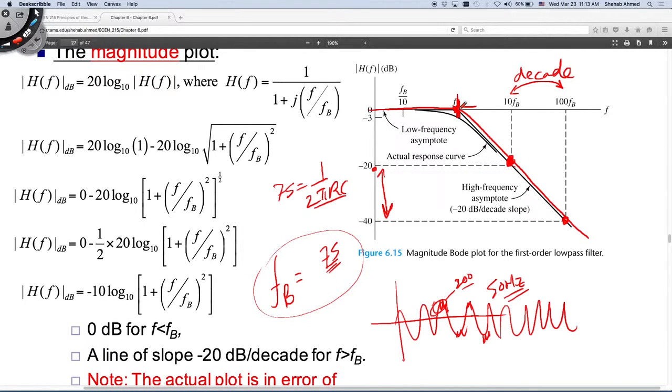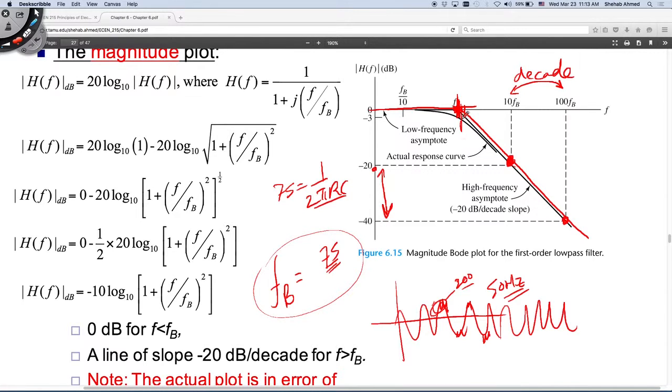Where am I? Not that this is FB, this is 10 FB. So this 1 FB is here, 2 FB is here. I'm actually at less than that, right? So I'm actually letting all the noise go through, right? So I cannot really use a filter like this if I have my component at 50 and the component that I would like to filter out or attenuate at 55 or 60.